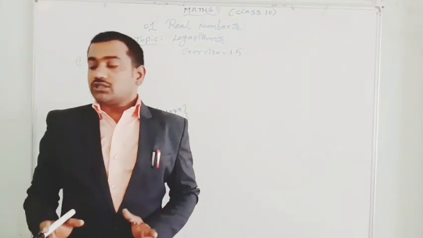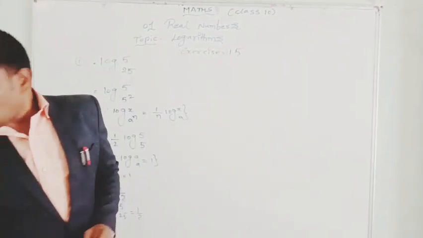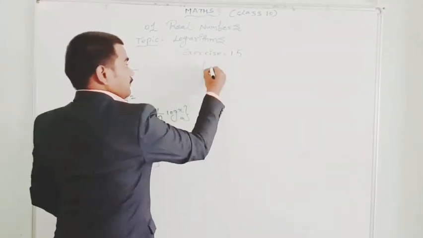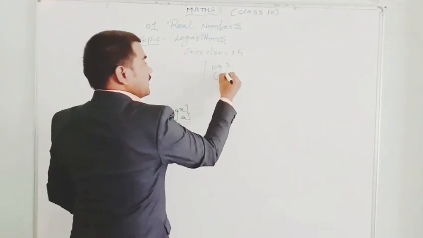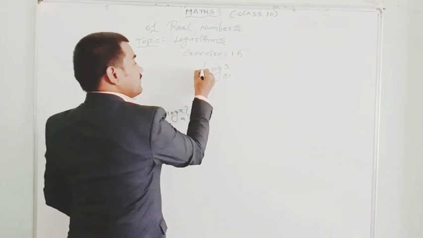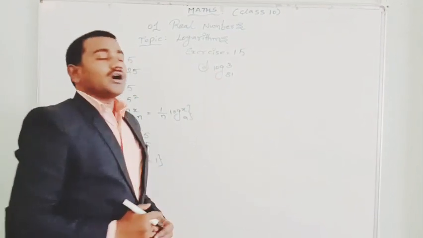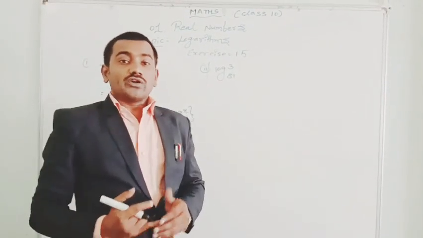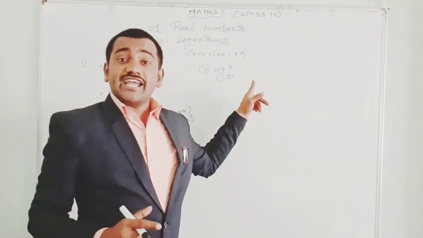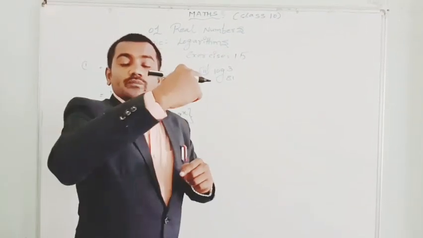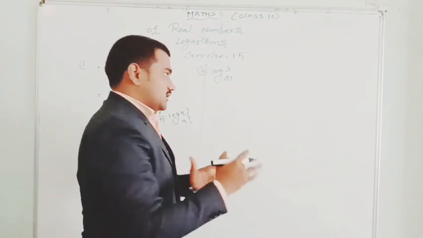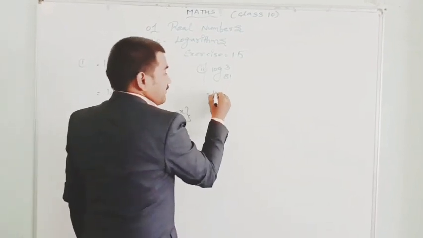Let's take one more question and solve it, that is log 3 base 81. So here we need to think whether base 81 can be changed into a power of 3. Yes, exactly, we need to think in that way.